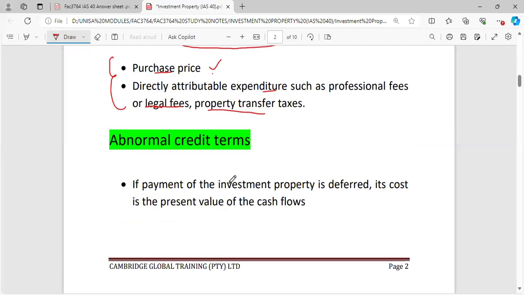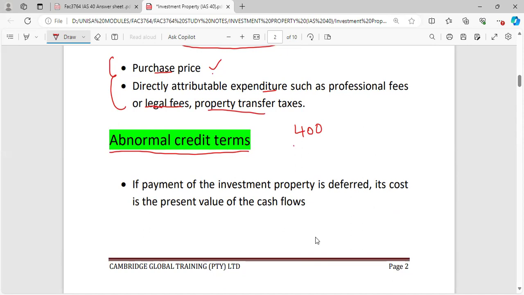Then there's a situation where we have what we call abnormal credit terms. Abnormal credit terms are terms where the payment is going to be deferred. For example, you buy your investment property, let's say the purchase price is 400, then because you are going to pay maybe after 1 year or 2 years, there is going to be interest.